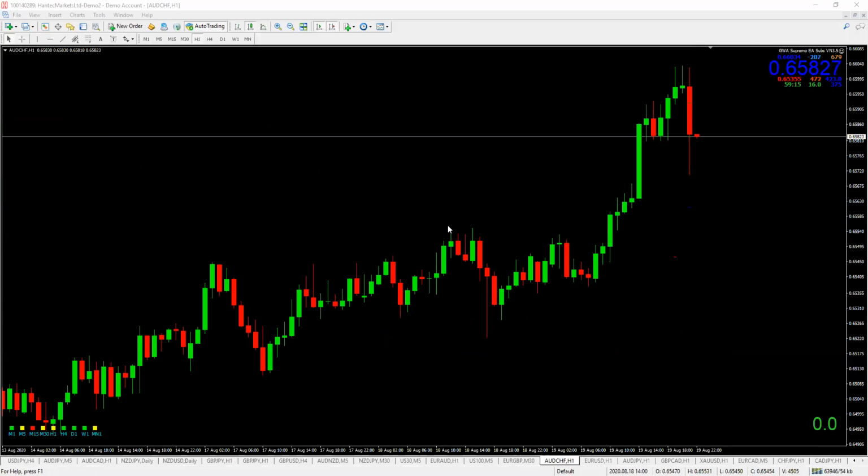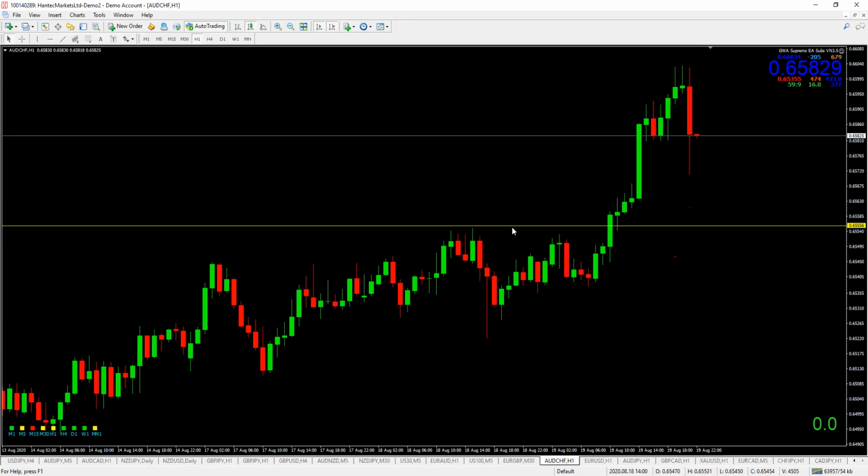So if you place the trade, check the price here, just follow this with your eye to the right. You can see the price for this Aussie dollar Swiss franc is 0.65556. Easy.